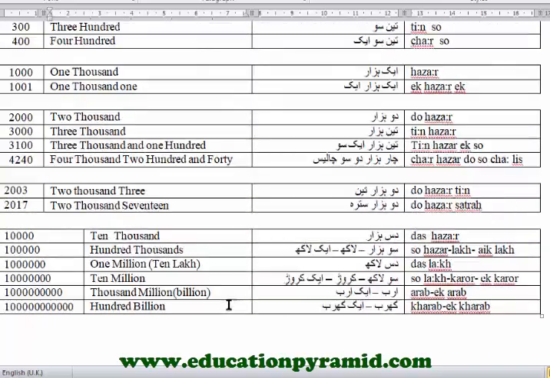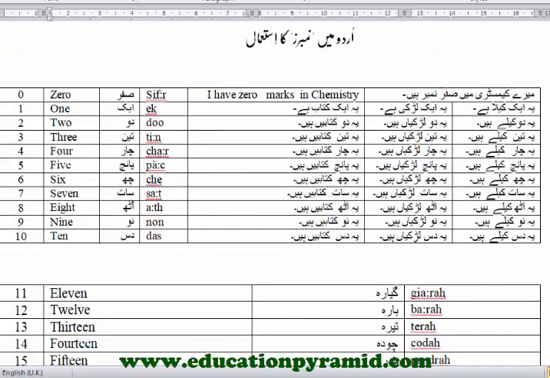But the good news is that if you don't know these Urdu words, or you know few, you can simply replace them with the English words, like this is a book, ye ek kitab hai. And if you don't know ek, you can say ye 1 book hai, ye 2 books hain, ye 3 books hain, ye 4 books hain, ye 5 books hain, ye 6 books hain, and so on.